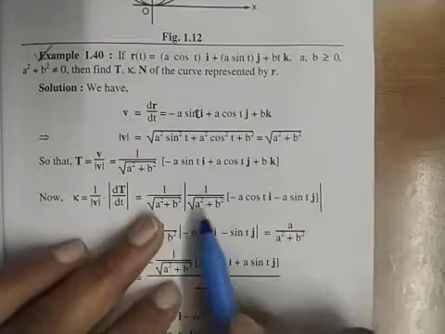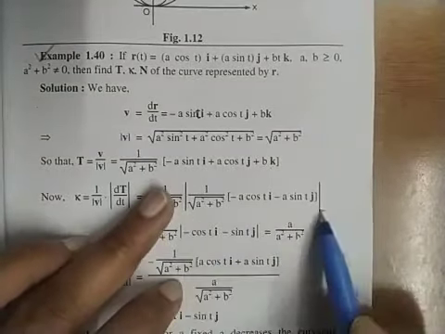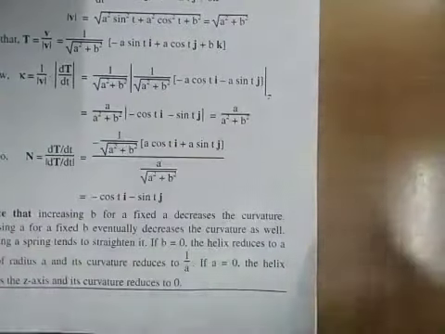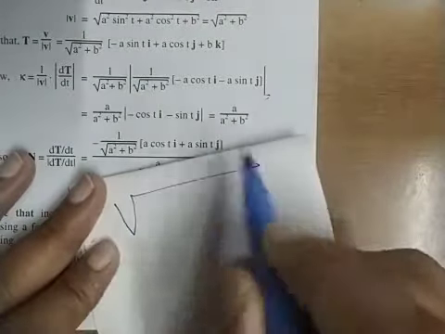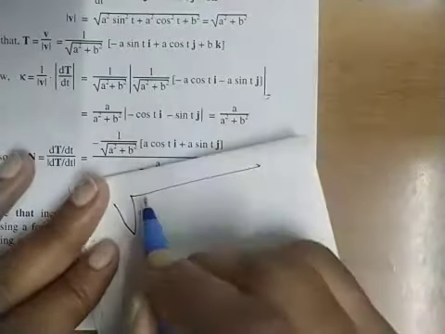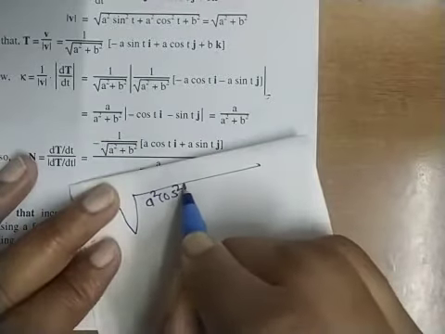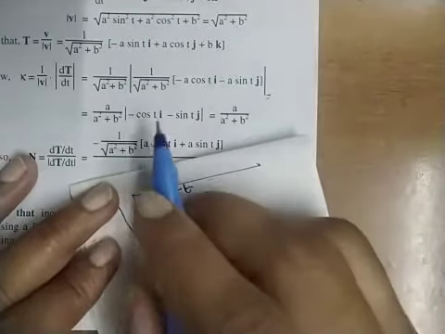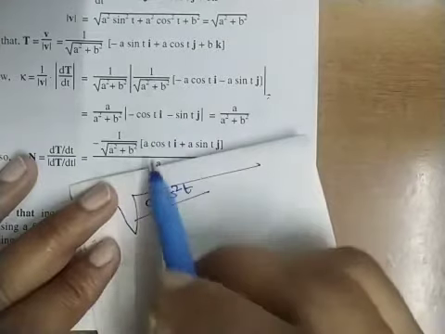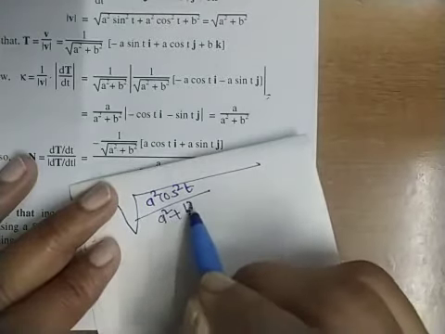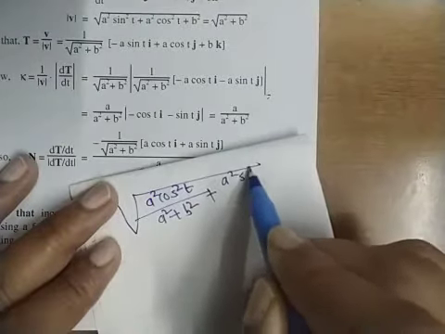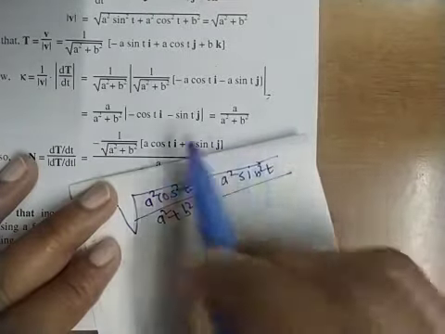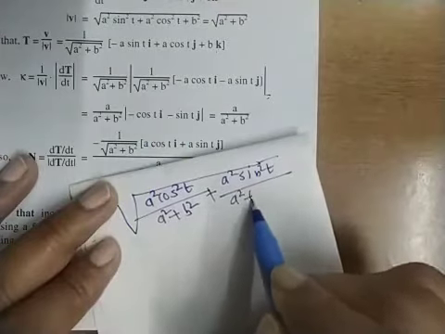We are calculating the absolute value, so that will be the square root of the square of the i component, a cos t upon the square root of a² plus b², plus the square of the j component, a sin t upon the square root of a² plus b².